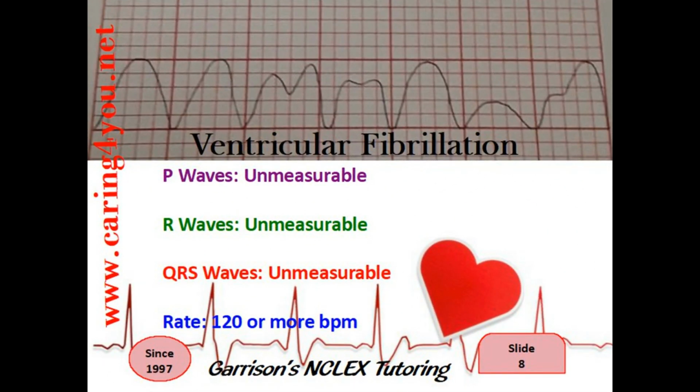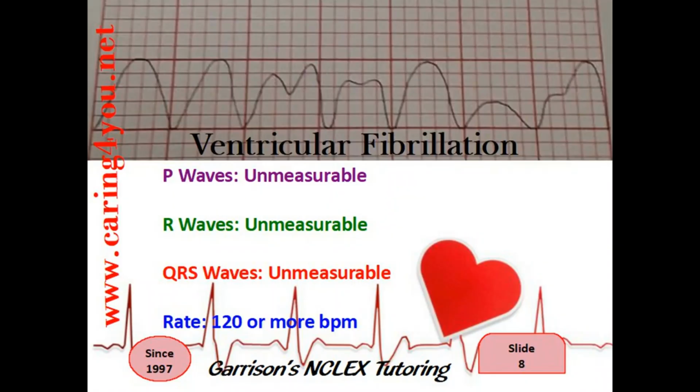All right, so strip number 4 that we have to possibly know for the NCLEX is ventricular fibrillation. In ventricular fibrillation, the P wave is unmeasurable, the R wave is unmeasurable, the QRS wave is unmeasurable, and the rate is 120 or more. So, I always tell the students that I tutor, your ventricular fibrillation looks like a straight line that your 5-year-old is trying to draw in the car as you're going over speed bumps.